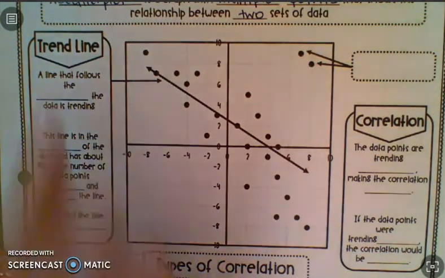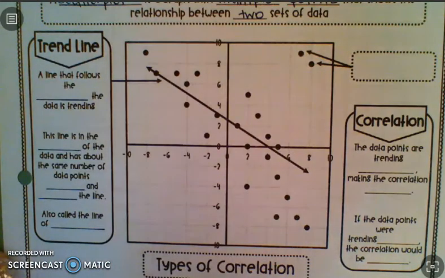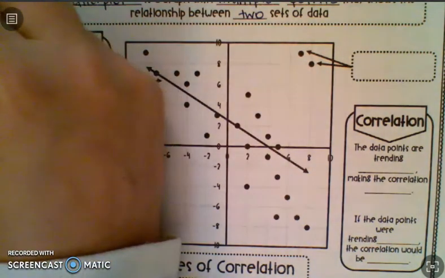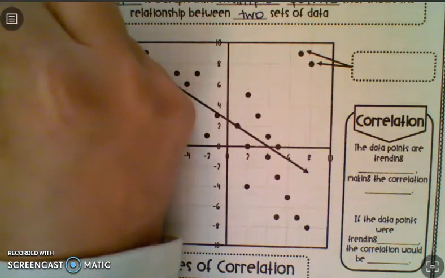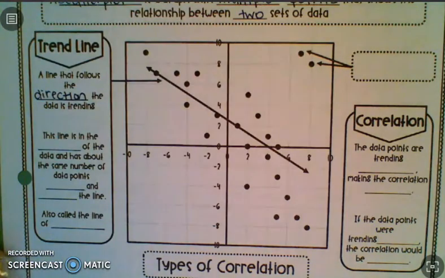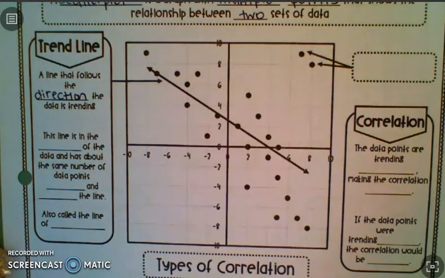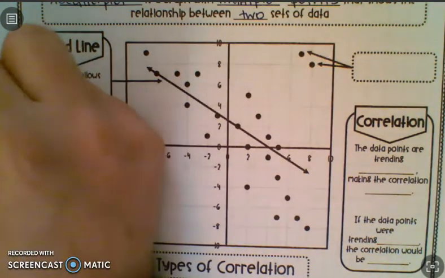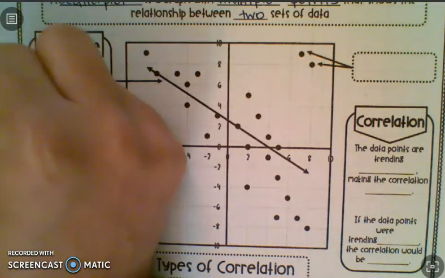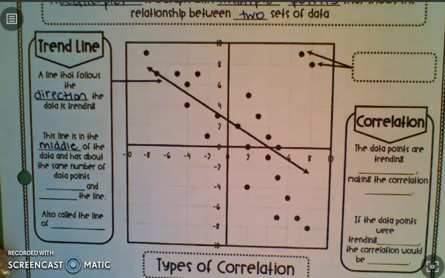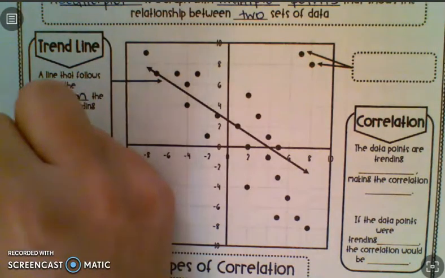There's what we call a trend line. The trend line is a line that follows the direction the data is trending. So in this case, this right here is our trend line. When you draw a trend line, you want to make sure the line is in the middle of the data and has about the same number of data points above and below the line.